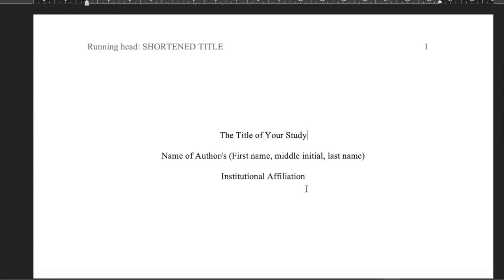Now, if there are multiple authors, what is the proper sequence of the authors? For some students, they arrange their names alphabetically, but ideally, the arrangement of the author names depend on the amount of contribution.